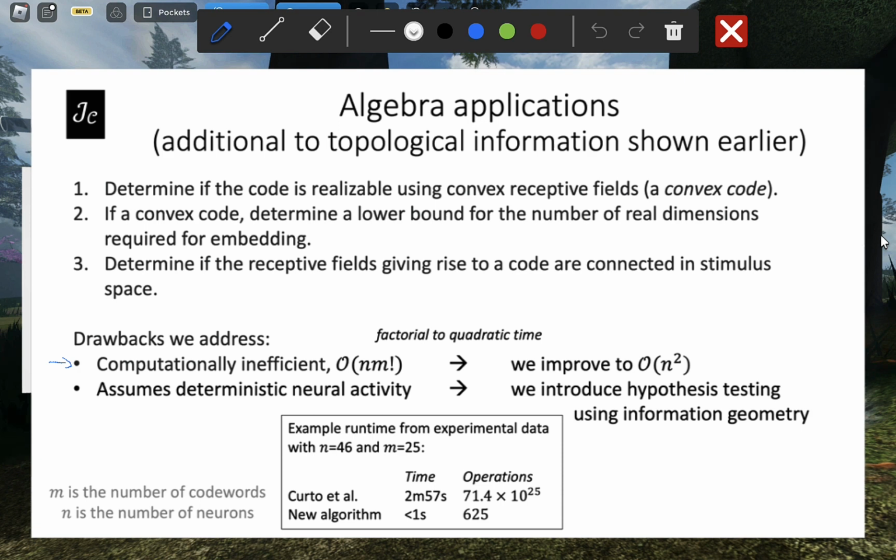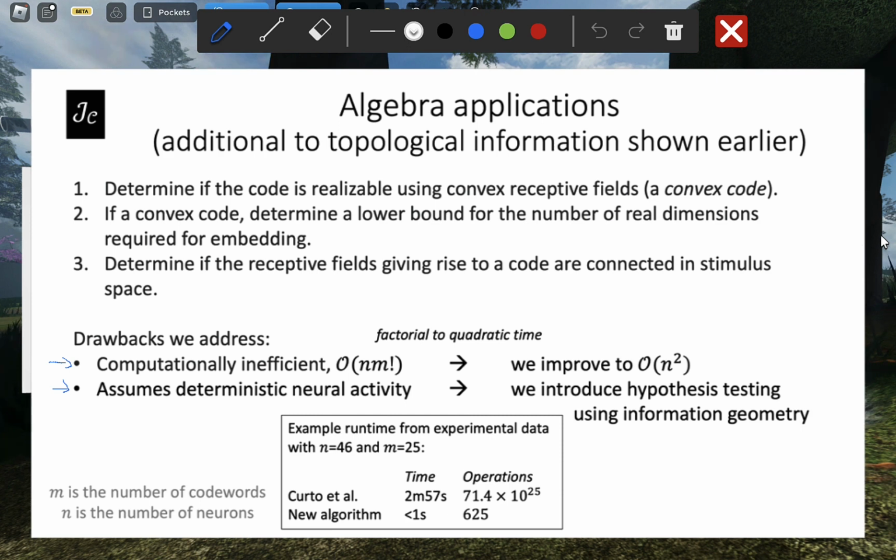And it assumes that whenever you see two neurons coactive at the same time, they must be sharing a receptive field. There's no statistical test done.